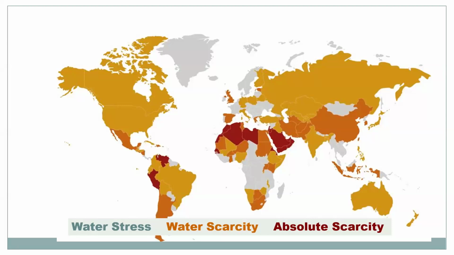Now see what happens. These colors show water stress, water scarcity, and absolute scarcity. Now you can see Sri Lanka has water stress, but we are fortunate to have more than 1600 cubic meters per capita per year.